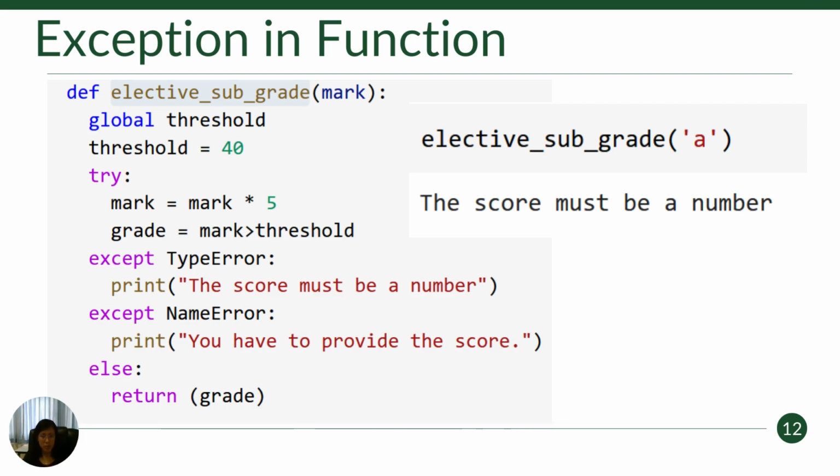One is a type error because the user might enter a string value instead of a number. So this time we have to catch this type error. Or if possible, the user forgot to give the score value. So this is a name error. So we are trying to catch both type error and name error. If both errors are not caught, we will return the grade to the customers.